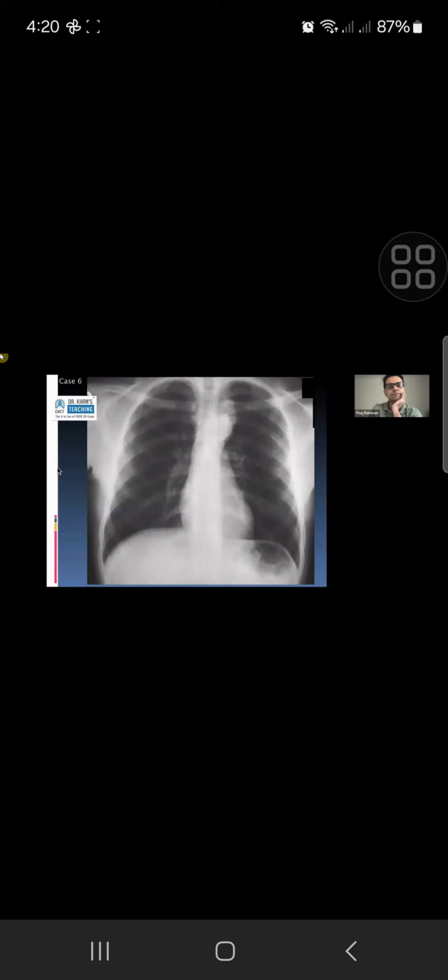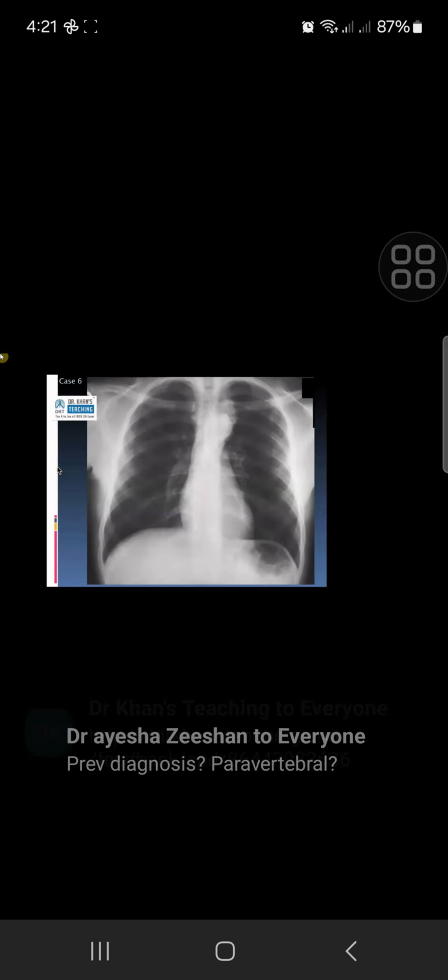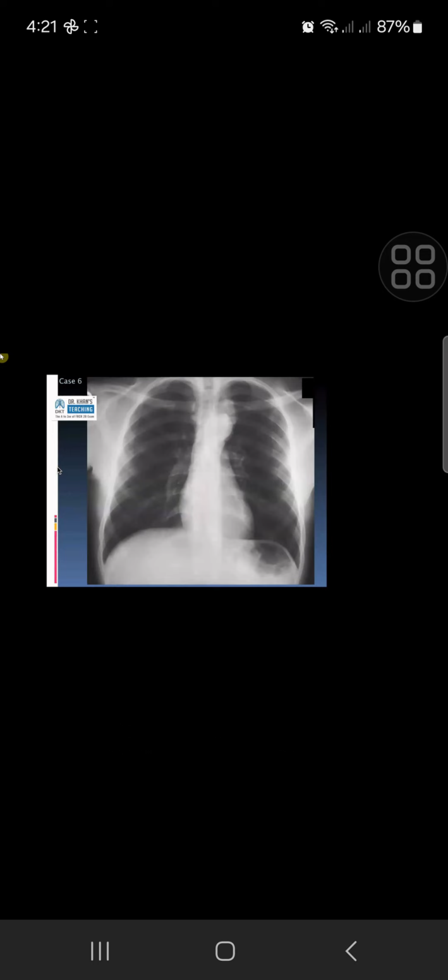Okay, next case. I'm presented with a frontal chest radiograph of an adult. The most striking abnormality is a widening of the upper mediastinum just beneath the clavicle on the left side. I can see the margin of the aortic knuckle separate from the margin of the opacity.